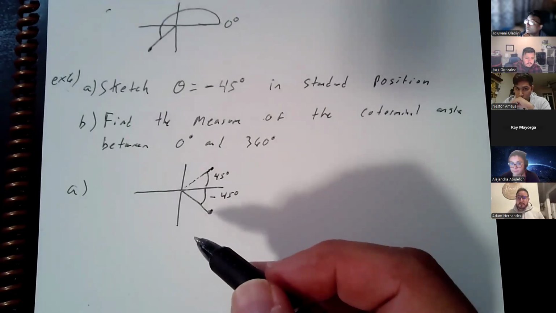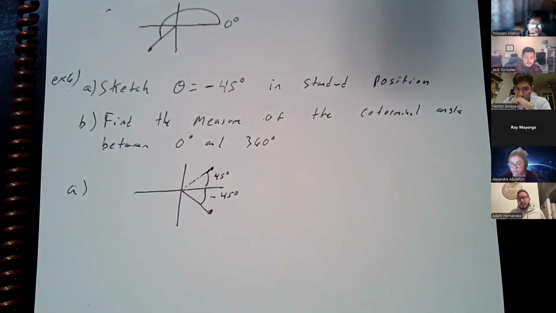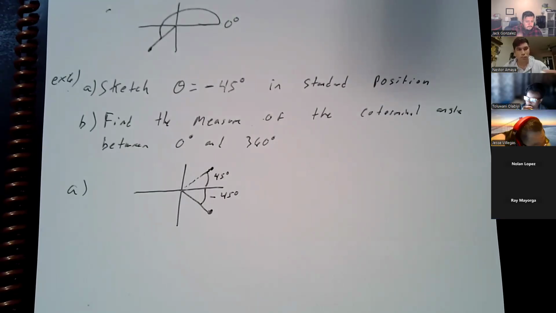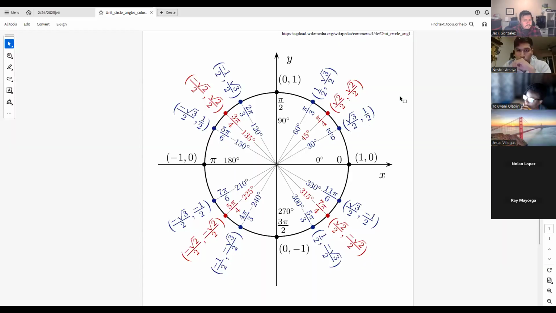So if we open the circle, get that out again. Can you see the circle?